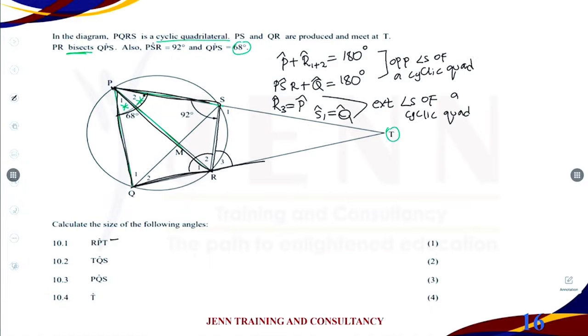So the size of angle RPT will definitely be equal to 34 degrees. That one does not require a reason. But on your statement, you were given that PR bisects, which means that line is an angle bisector.